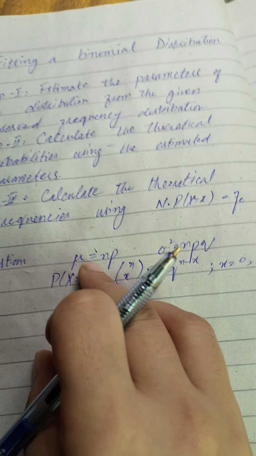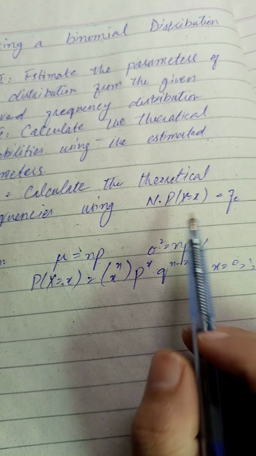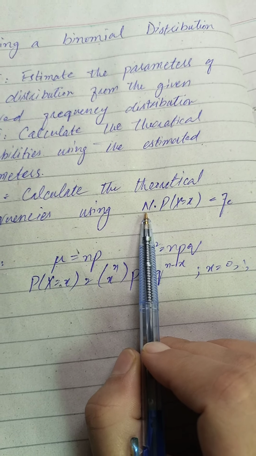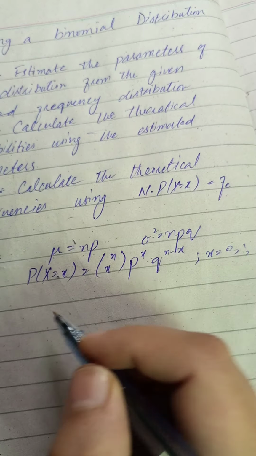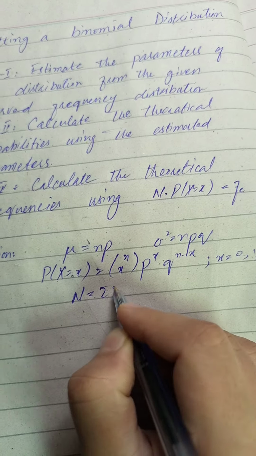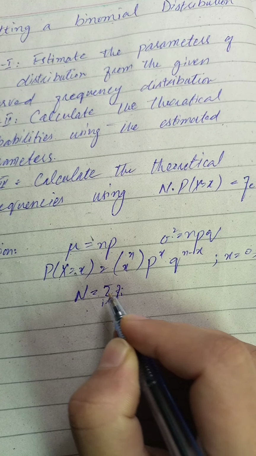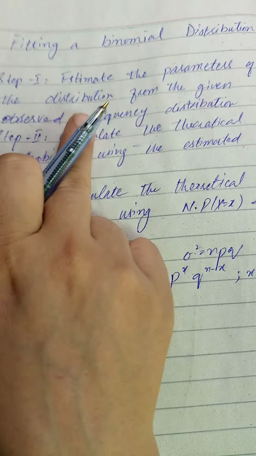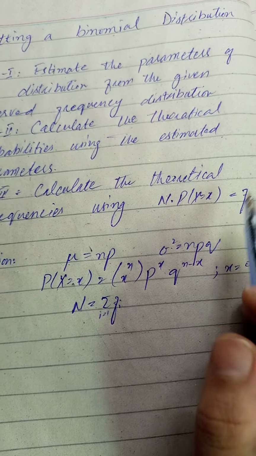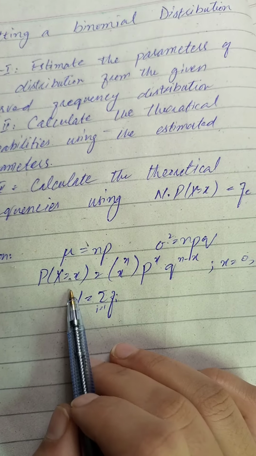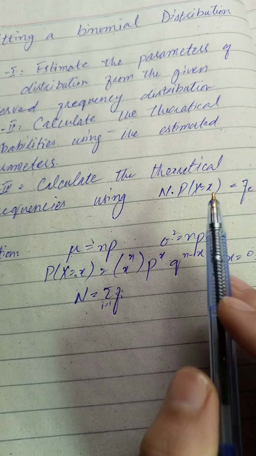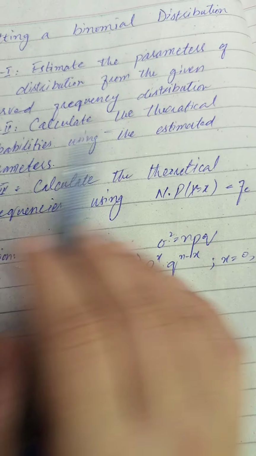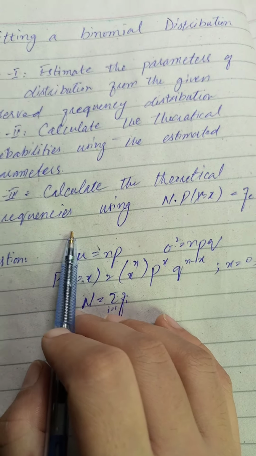How can we calculate the frequencies? It is simple. We multiply N, the sum of frequencies, which will be given in our observed frequency distribution, with all the probabilities. We will get the estimated or theoretical frequencies.